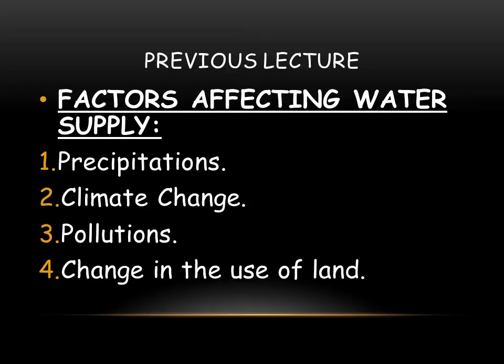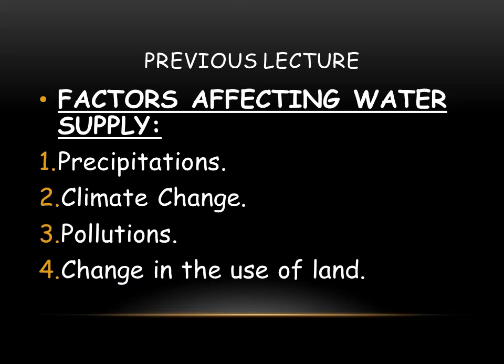We also learned that there are some factors that can affect the supply of clean, fresh water. As we know that 70% of Earth is covered with water, and the Earth is called the blue planet because of plenty of water on it. So why is there a crisis of fresh water everywhere?